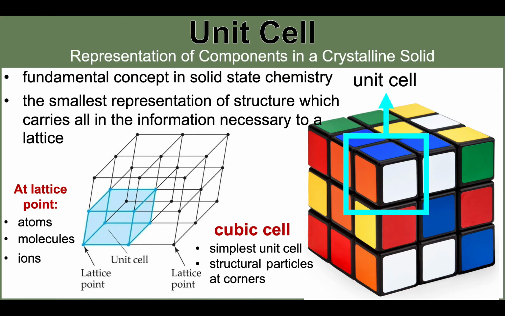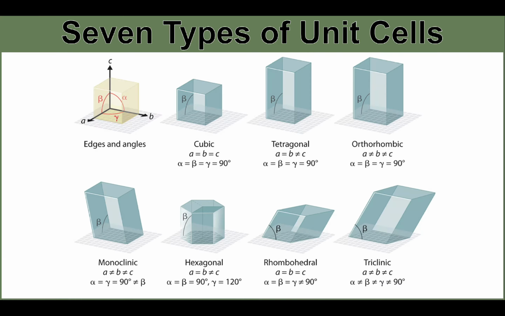at its corners. If you look at this figure, there are seven fundamentally different kinds of unit cells, which differ in the relative lengths of the edges, which are indicated by a, b, and c, and the angles between them. Alpha is the angle between b and c, beta is the angle between a and c, and gamma is the angle between a and b.